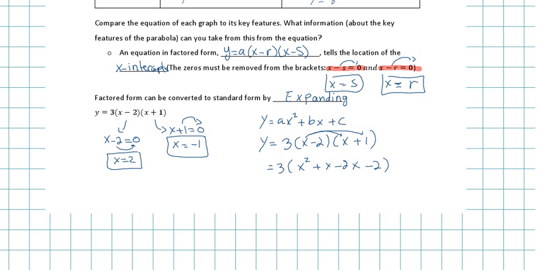I can distribute the 3 in, or I can simplify first and then distribute the 3. It doesn't matter which way you go. I'm going to simplify first. Then multiply the 3 in, so distribute that 3 in. That will give you 3x squared minus 3x minus 6.